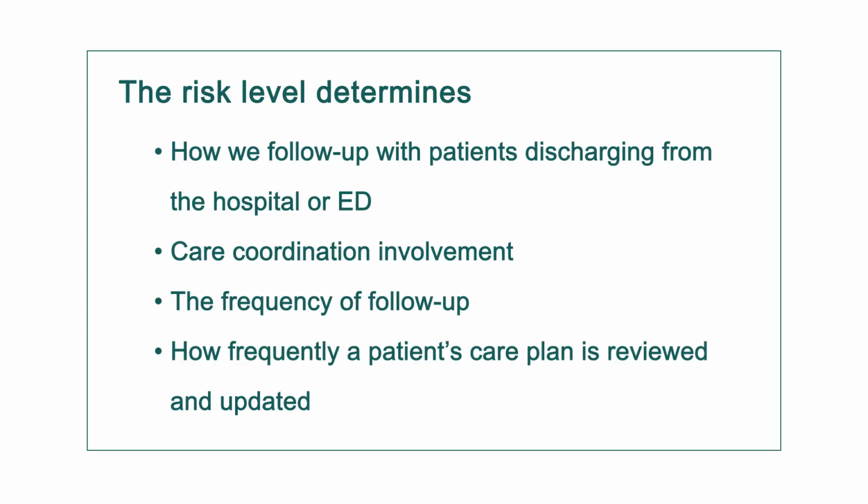During the course of that conversation, if they find that there is a need for further care coordination involvement, they will enroll the patient into our care coordination plan, onboard them, as we call it, and that will trigger the risk stratification-driven outreach.